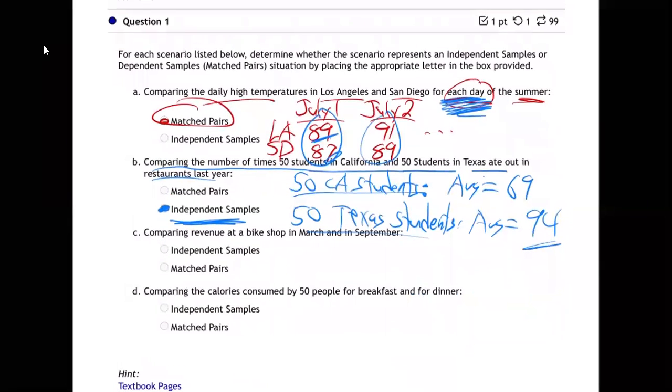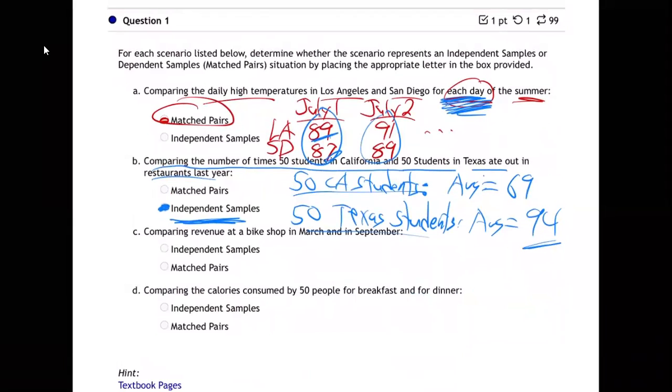All right, let's try C. C says, comparing revenue at a bike shop in March and in September. So they say, all right, in March, what was the average revenue the shop made? Average daily revenue, maybe they made $1,512 on average.